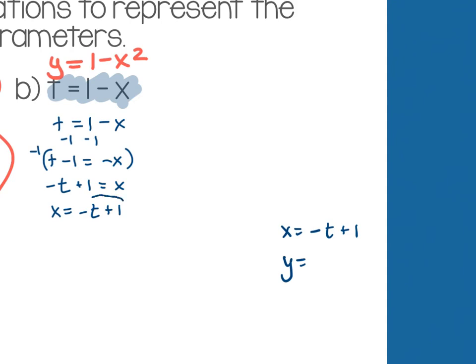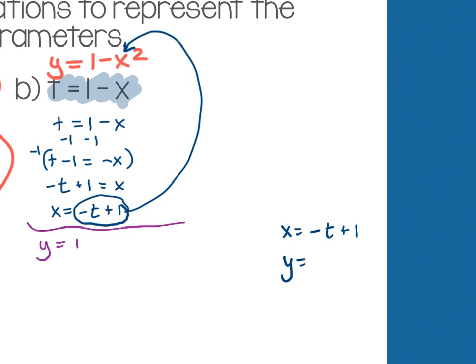Then I have to take that, whatever x equals, so we're using substitution, and plug it in to the x of the second equation. So I get y equals 1 minus negative t plus 1 squared. So I need to expand and FOIL that out.